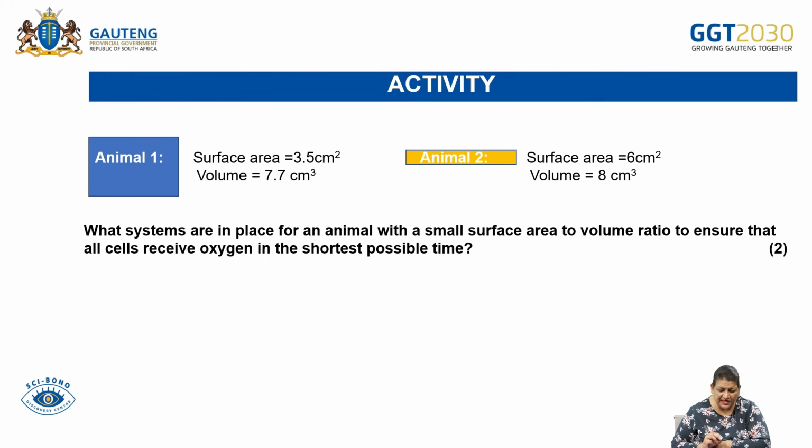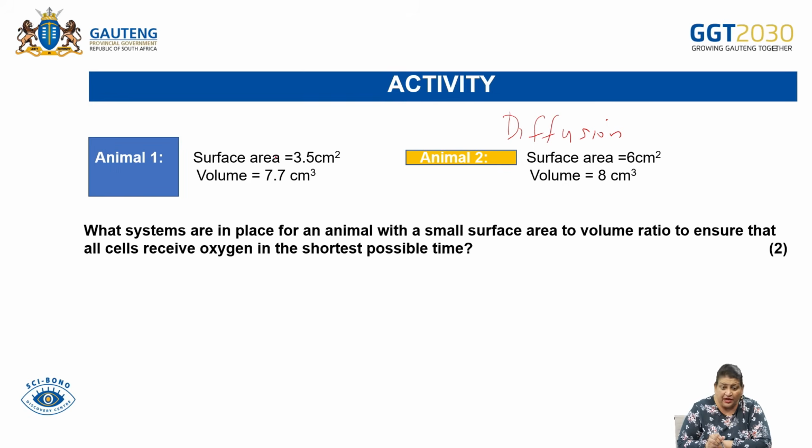What they are trying to say is that if you compare the two animals, we know that in animal 2, efficient gaseous exchange can occur to all the cells by diffusion because the surface area is greater than the volume it occupies. But in animal 1, the surface area is smaller compared to its size.